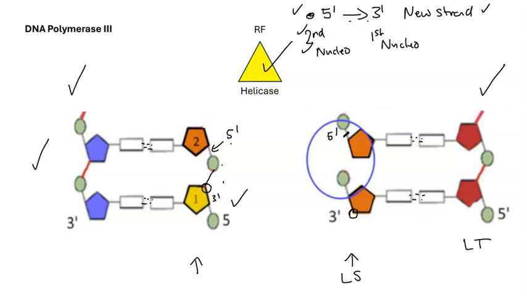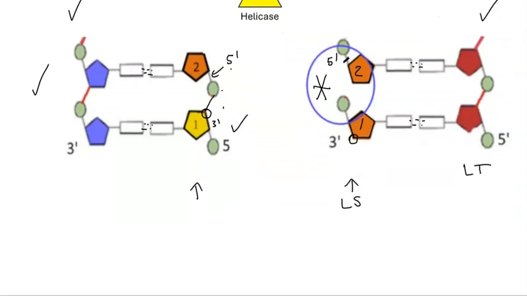And so this is not the position required by the active site of DNA polymerase 3. And therefore it cannot add the nucleotides of the first and second together on the lagging strand. So how is this all solved? Let's move on.